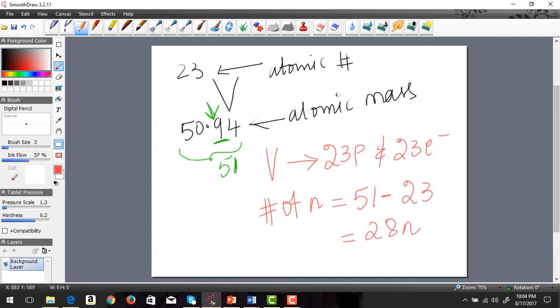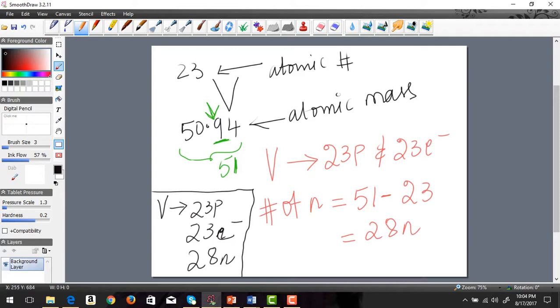If you recap everything and summarize it, let me put it in a box so it doesn't get mixed up with the rest. Vanadium has 23 protons, 23 electrons and 28 neutrons.